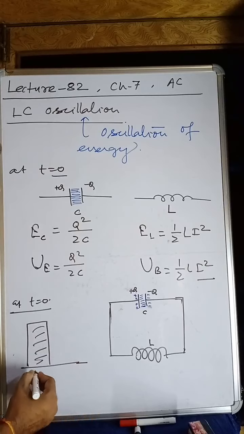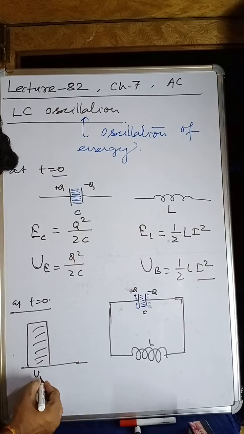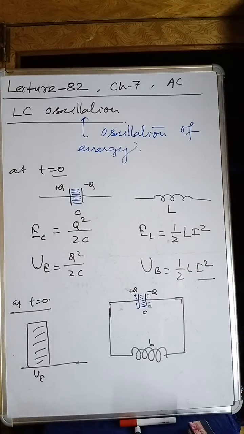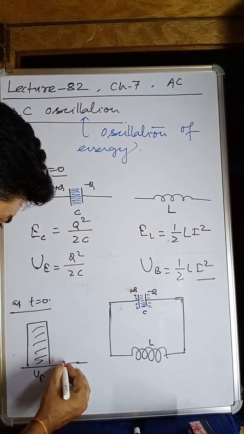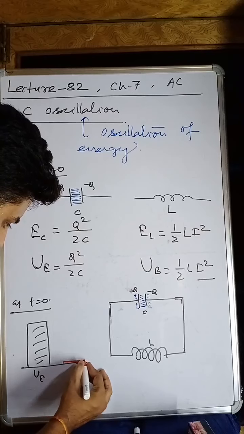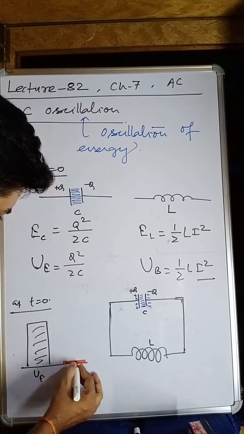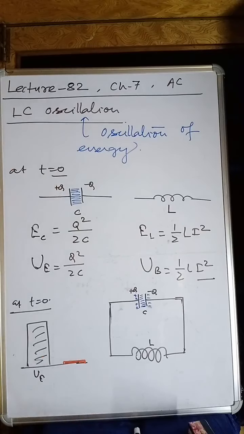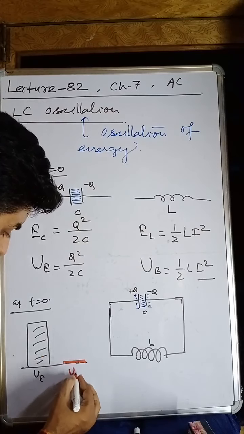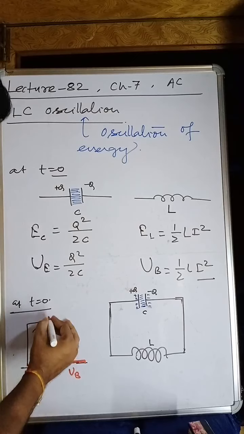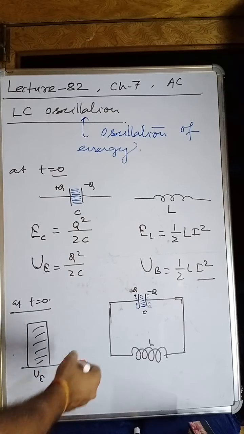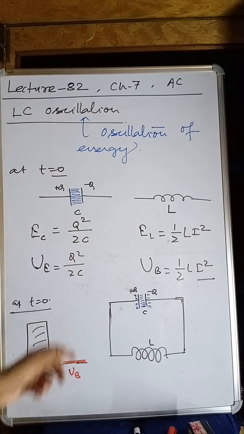This is the energy of the capacitor, in the presence of electric field, and for the inductor, here there is no energy. To represent the very small value, I am using the red one, and this will be the energy in the inductor. Here it is the maximum, and here it is 0. Alright, that is the minimum.